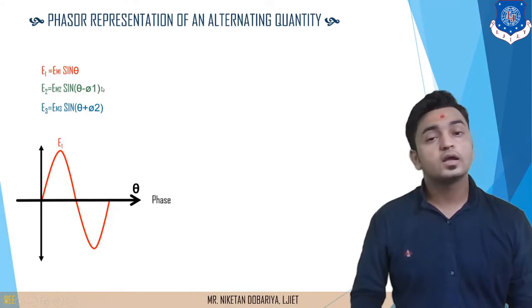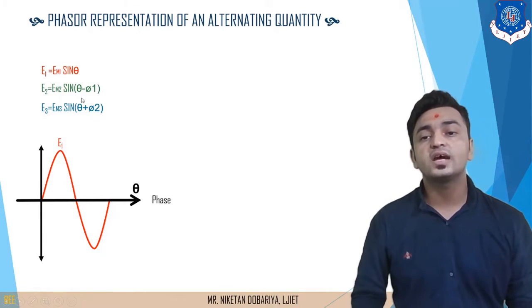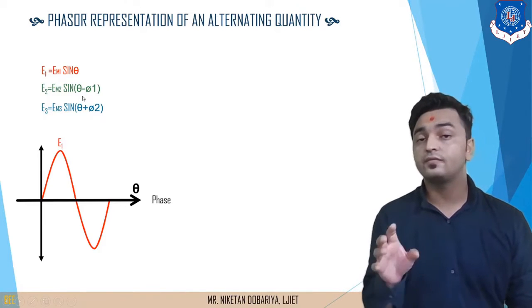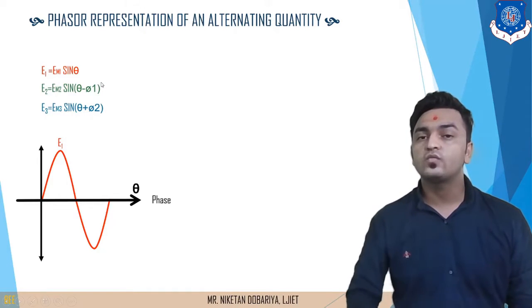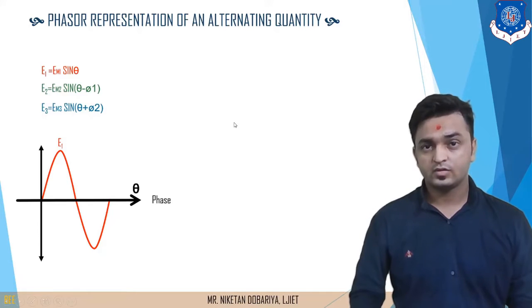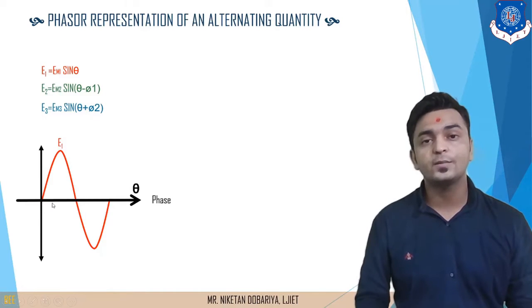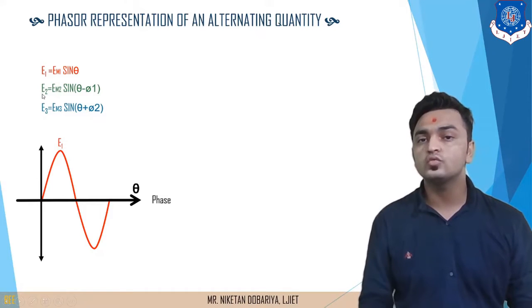Based on this, we can say that if the value of theta is the same as phi 1, at that time the value of this function is equal to 0. So basically my point is, this is the starting point, means the 0 point, when this cycle will start for this given function E2.